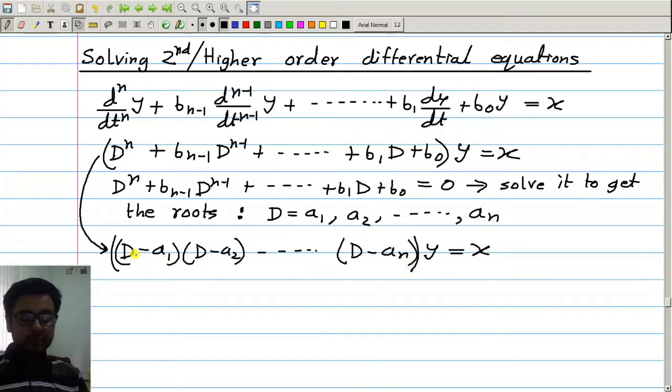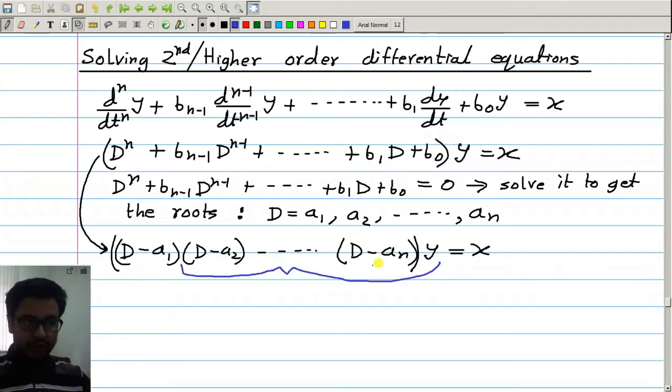By this time you know that this is not multiplication in the usual sense, rather it means that these operators act on y one by one sequentially. Okay, now let me call this part together with y, this is equal to z.